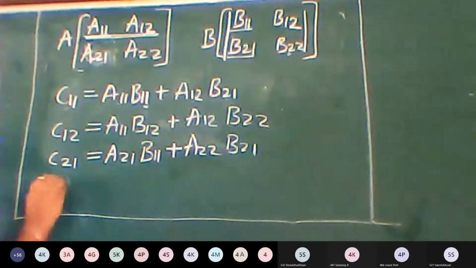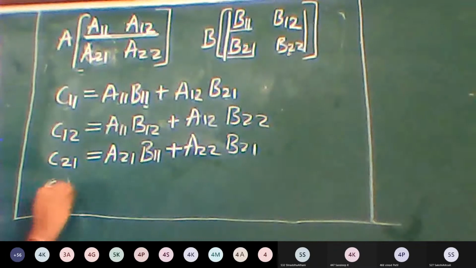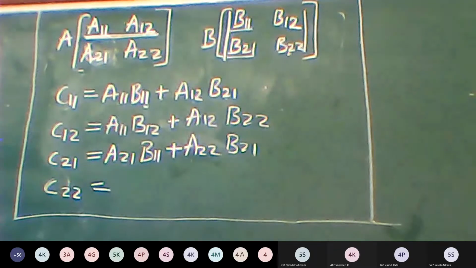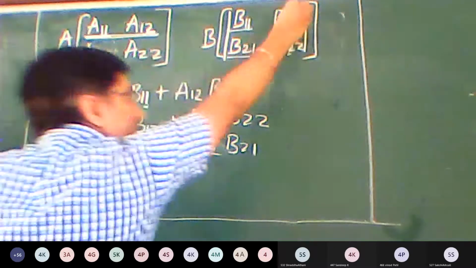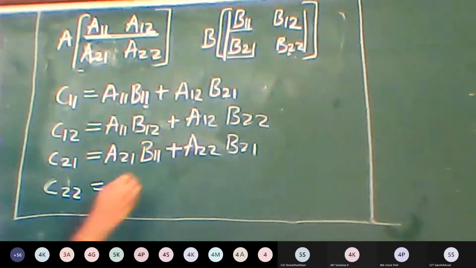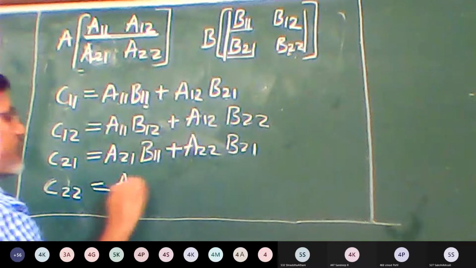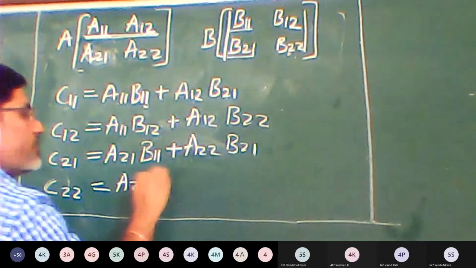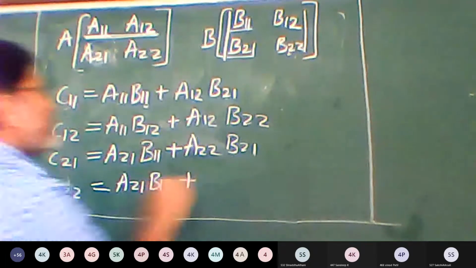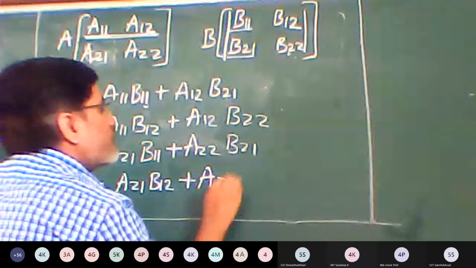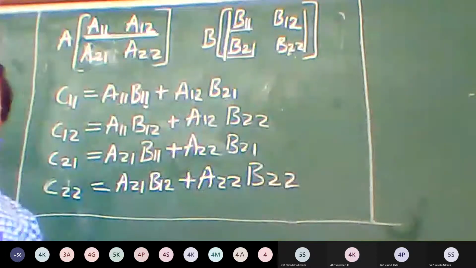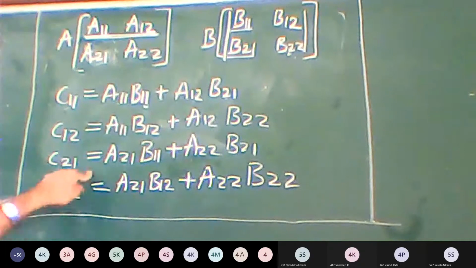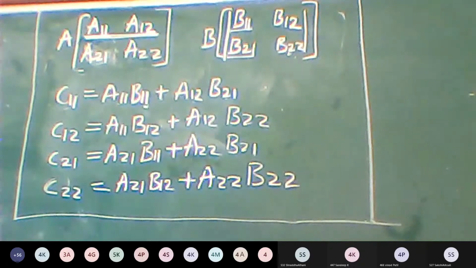Right? Then similarly, the last element, C22, second row of A, second column of B. So what we will get here? A21 into B12 plus A22 into B22. Understood? Yes, sir.